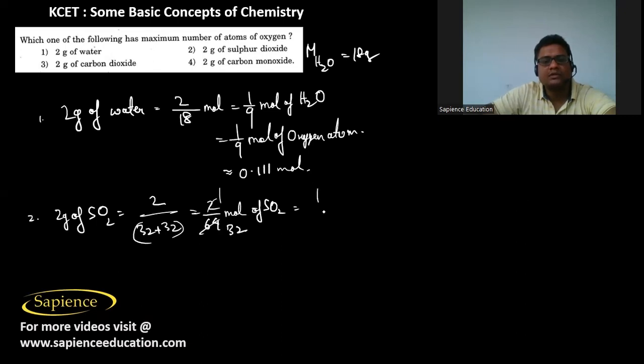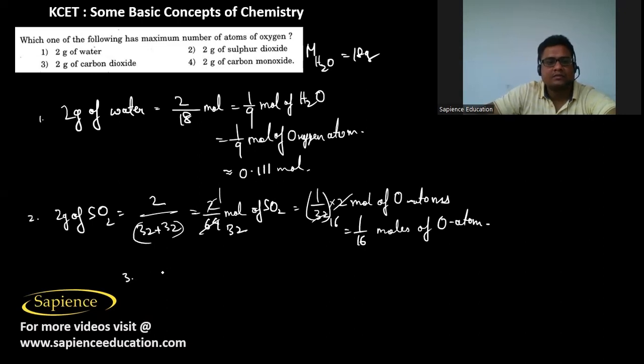Since 1 mole of SO2 will contain 2 moles of oxygen atoms, 1 by 32 moles of SO2 will contain 1 by 32 into 2, that is 1 by 16 moles of oxygen atoms.